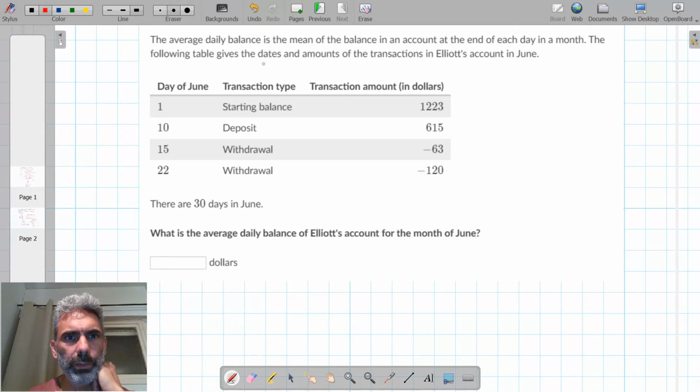The following table gives the dates and amounts of the transactions in Elliot's account in June. What is the average daily balance of Elliot's account for the month of June?